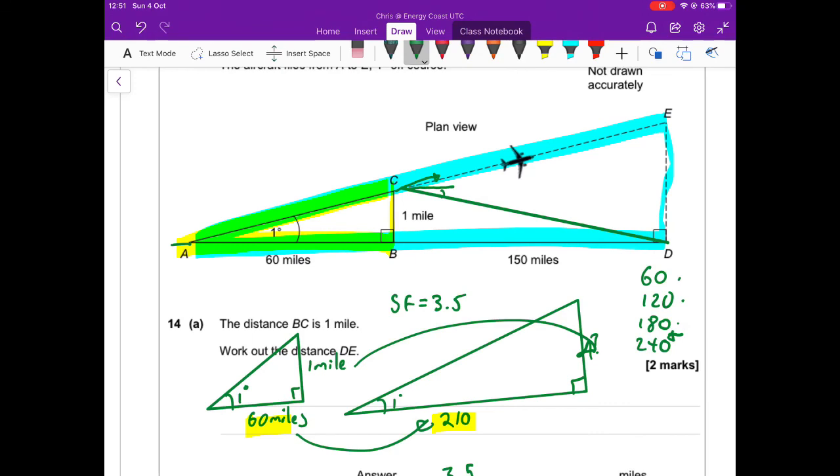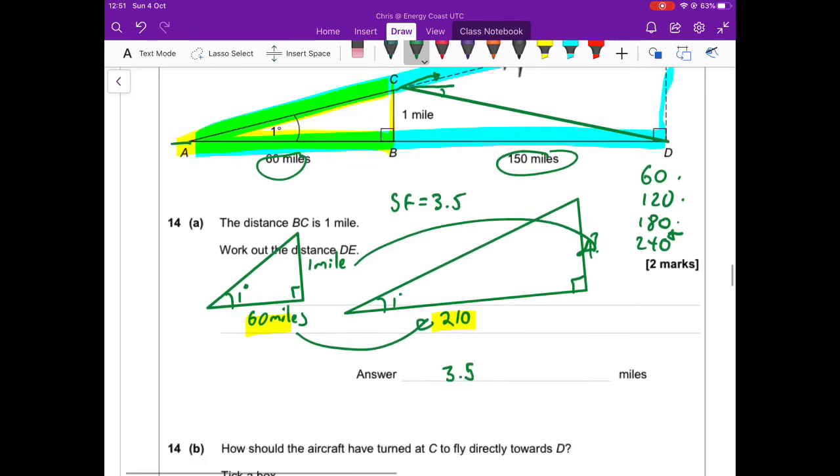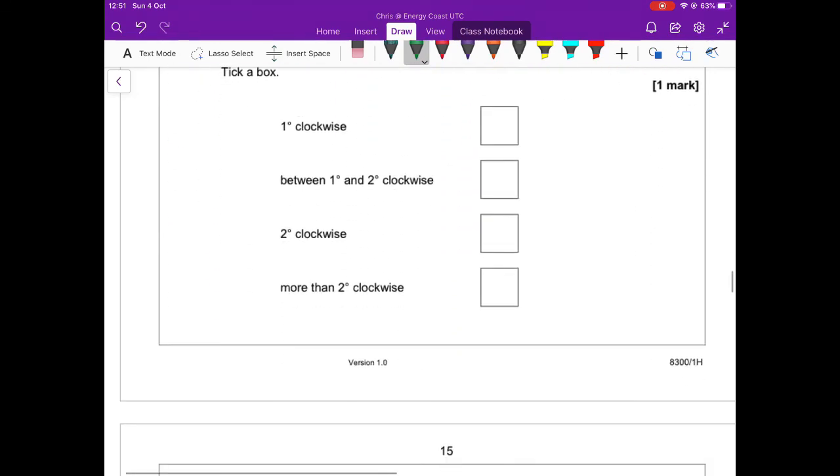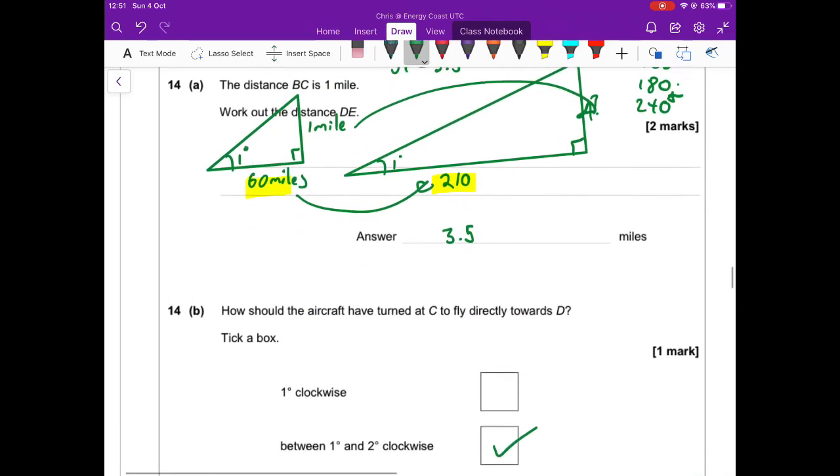It will be slightly less because it's not quite an isosceles triangle. It's quite a hard question this to get your head around, okay, but it's not an isosceles triangle, because this length's slightly bigger than this one. So he's going to turn 1 degree back to horizontal, then a little bit less than 1 degree to get back to D, so it's going to be somewhere between 1 and 2 is how we'll do our last one, okay. Not a very nice one.